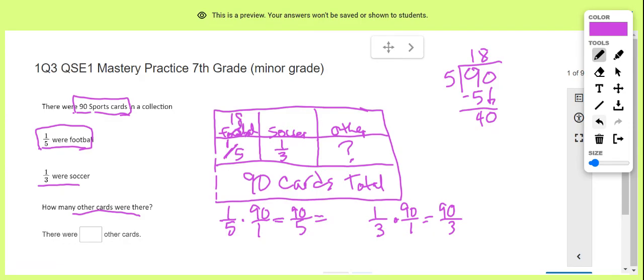So we have 18 football cards, and 9 divided by 3 is 3, and then 0 divided by 3 is 0. So then 30 cards are soccer. So the question is, how many other cards are there? Well, we're going to add those two amounts and then subtract them from 90 to find how many are other.